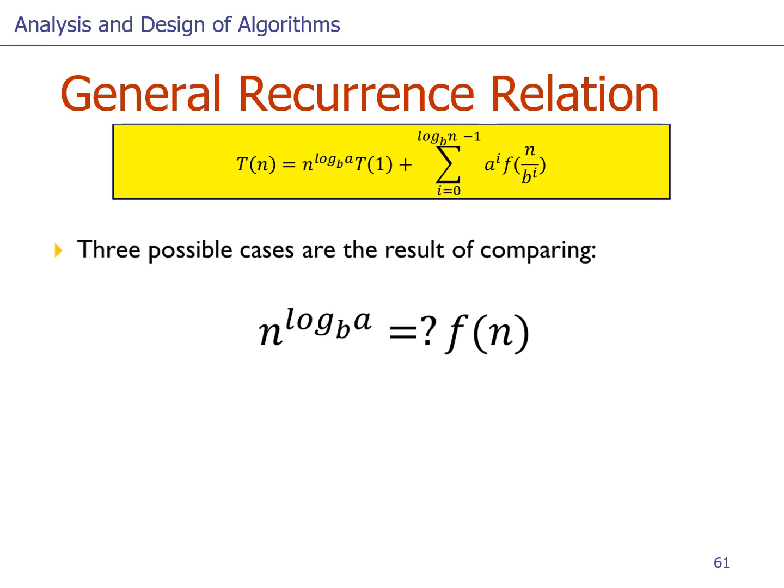Now, the three cases that we are looking at can be determined by comparing n to the power of log a base b and f of n. Why? Because if they are the same, if f of n is equal to n to the power of log a base b, you should see the same term at the root of the tree and the level sum repeated at the bottom of the tree at the leaf level.